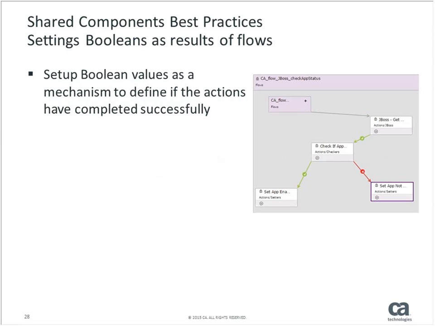If it's up and running, we set a value saying that this particular app is running, so we set it to true. If it's not running, we set it to false. When the next flows come in, they look at those parameters I have defined and use that information to decide what the next step is going to be.